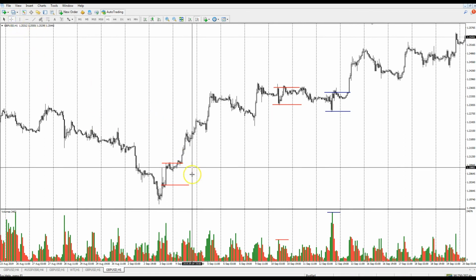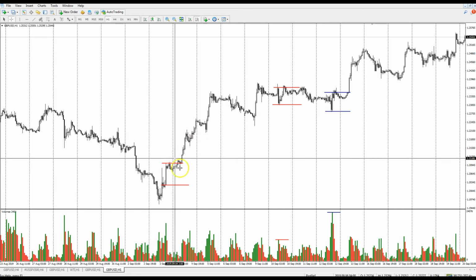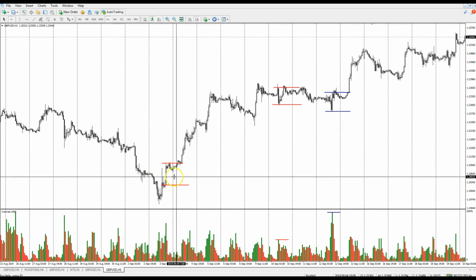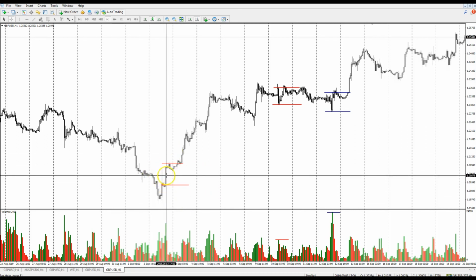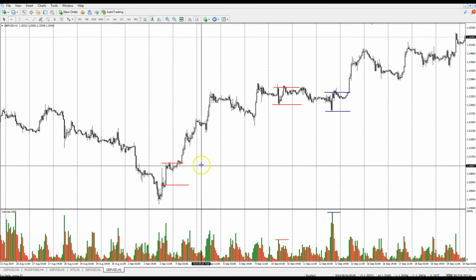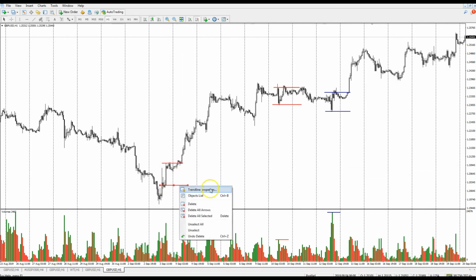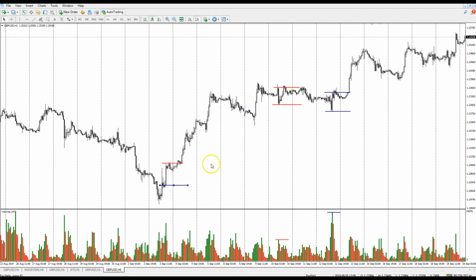But this is one of the easiest ways you can start to apply your volume price analysis trading techniques. So again, you see the highest volume of the day, and if you look at what's taking place here, for reference purposes, we just change that color there to blue.